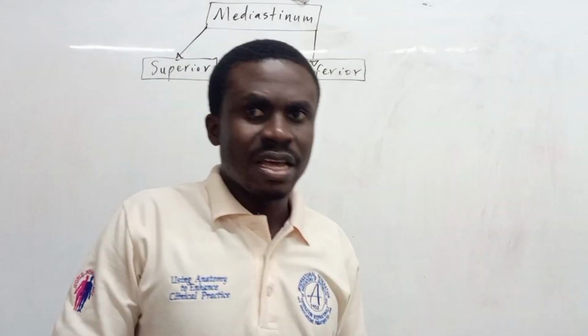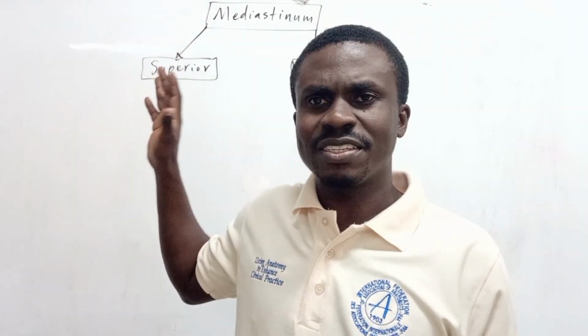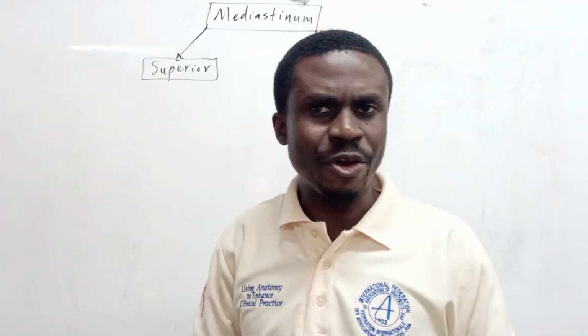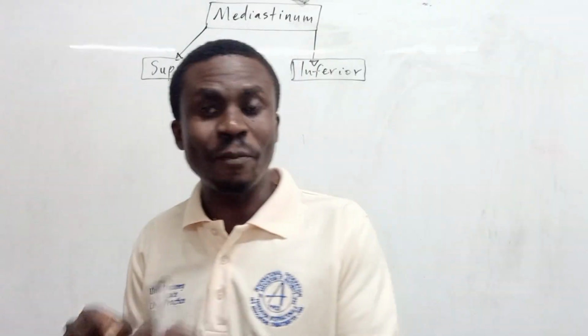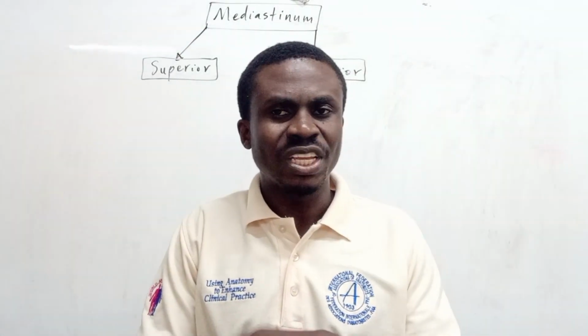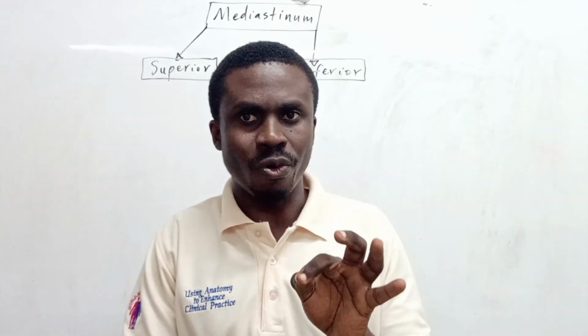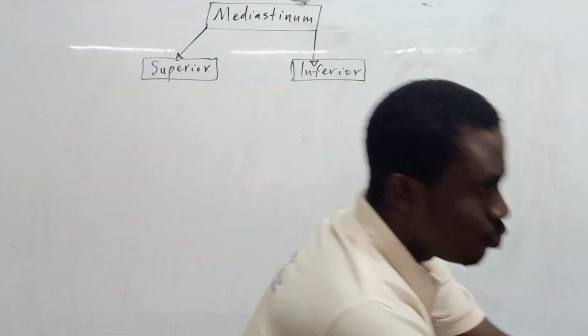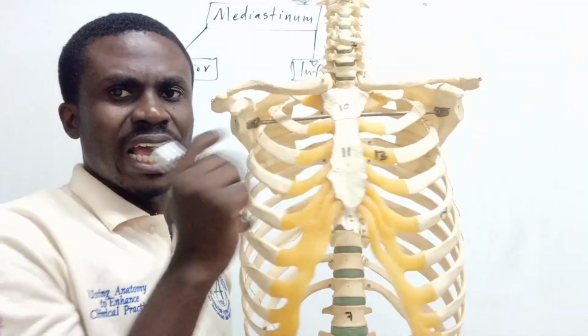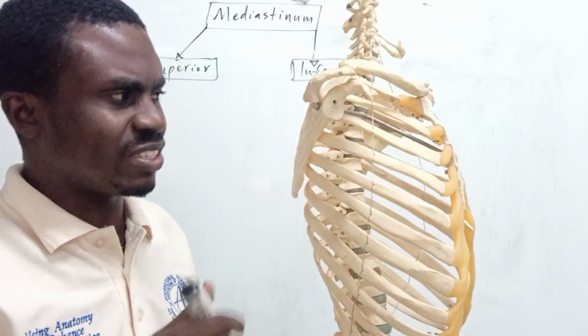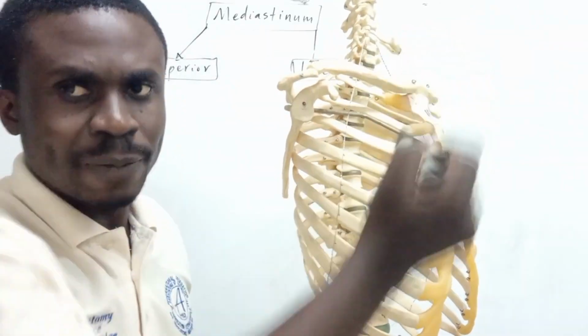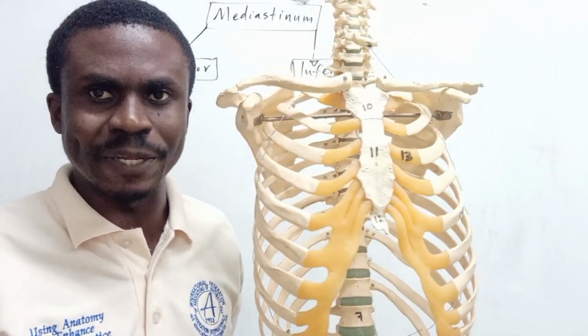This distinction is by way of an imaginary line which you draw going through what we call the manubriosternal joint, and we know that this joint is related to an angle, which you call the angle of Louis.